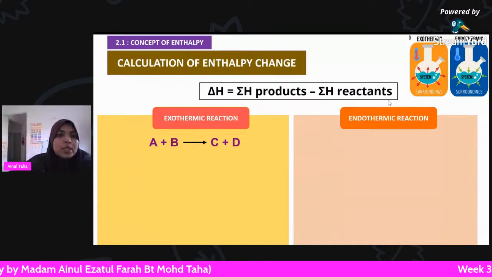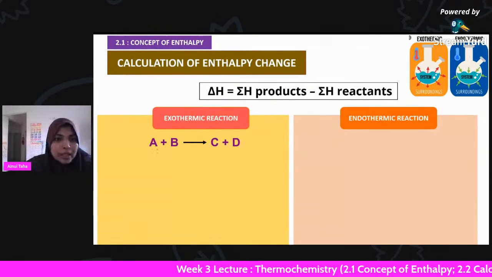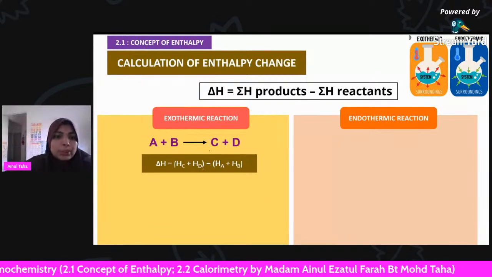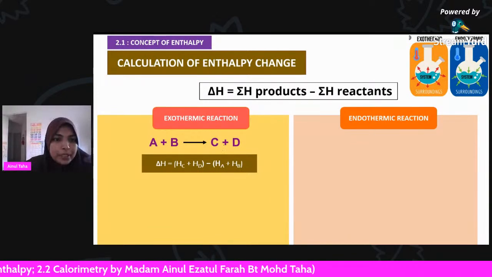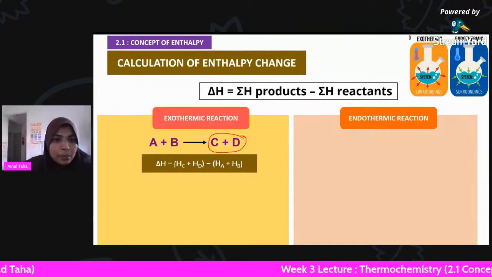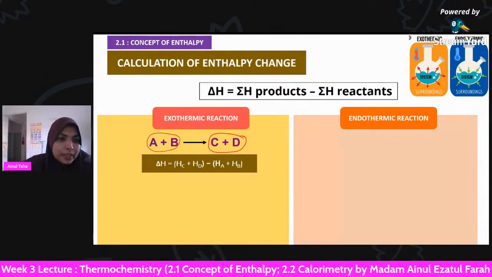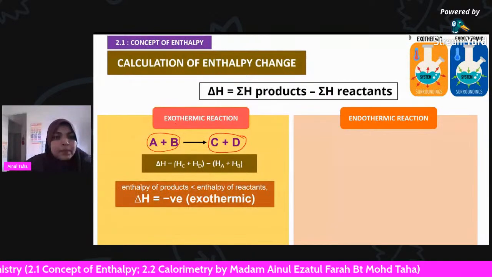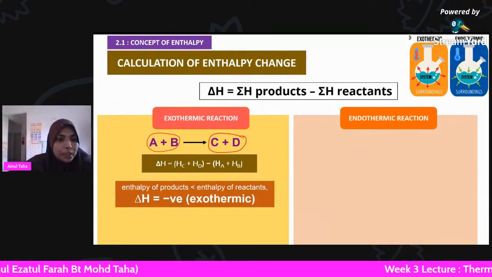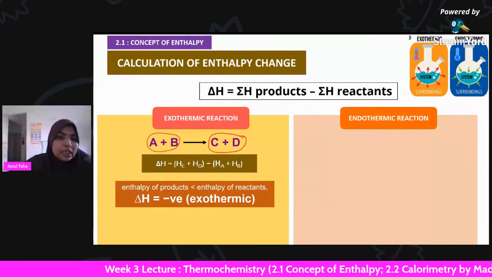For exothermic, let's say we have the general equation A reacts with B to produce C and D. In order to calculate the enthalpy change, the sum of the products C and D is deducted by the sum of reactants A and B. Therefore, if it is an exothermic reaction, the enthalpy of the product is smaller than the enthalpy of the reactant, so at the end you will get delta H equals negative.